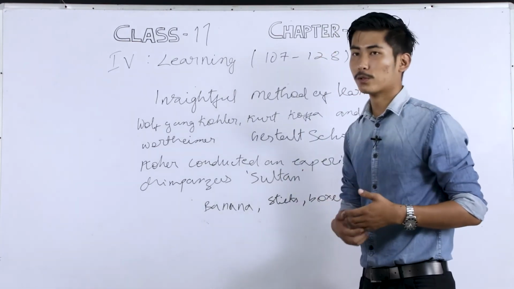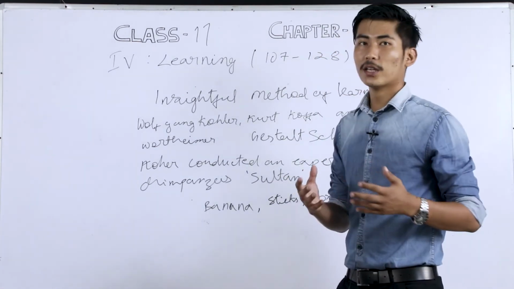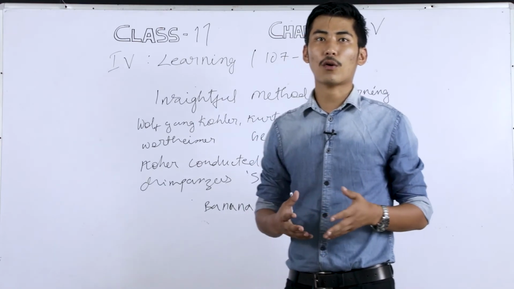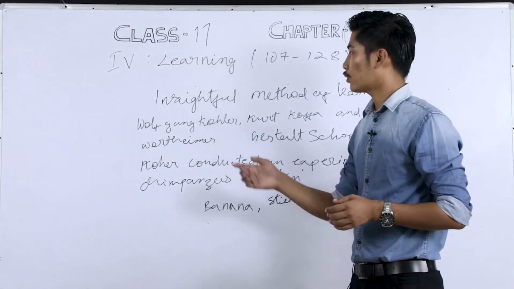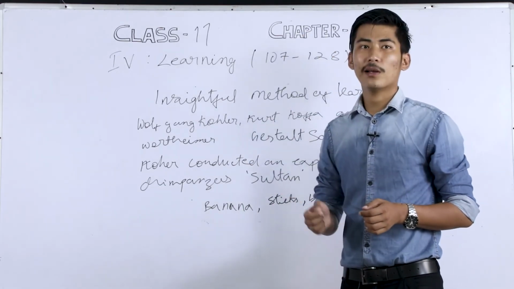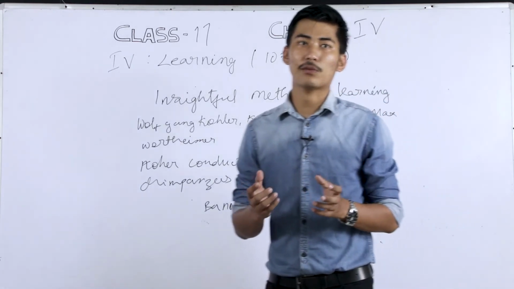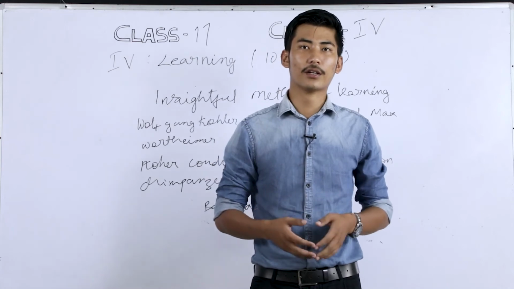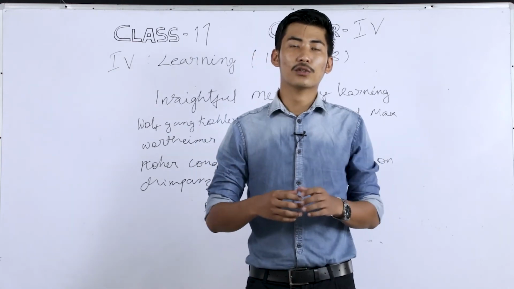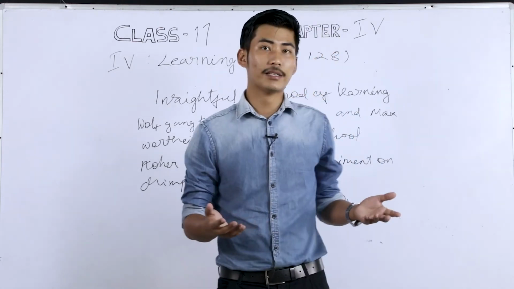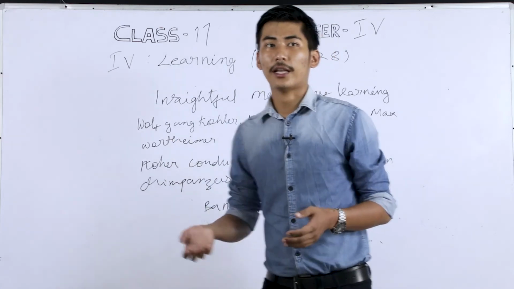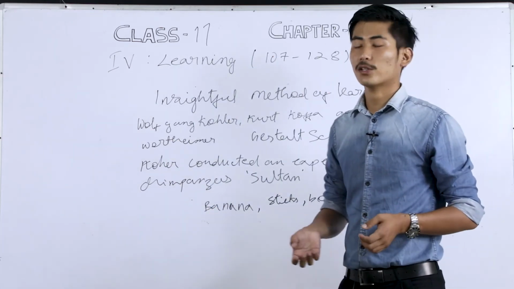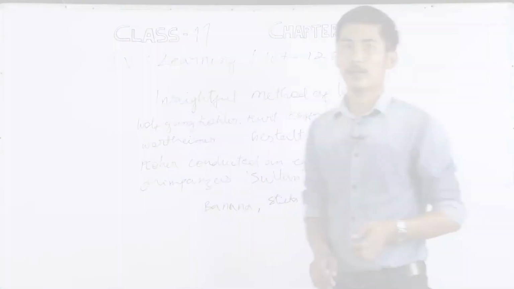That was how it was proved that perceiving the situation at a whole level can get our work done. This experiment was done by Kohler based on the whole perception level of thinking. It was based on the Gestalt school of thought, and Kohler conducted the experiment on the chimpanzee named Sultan.